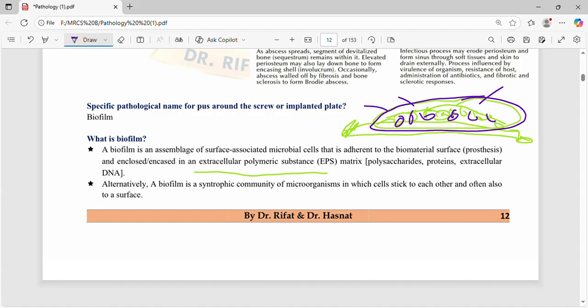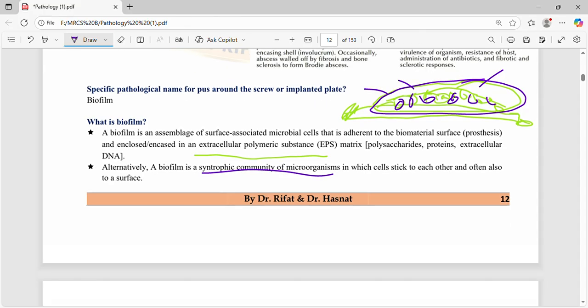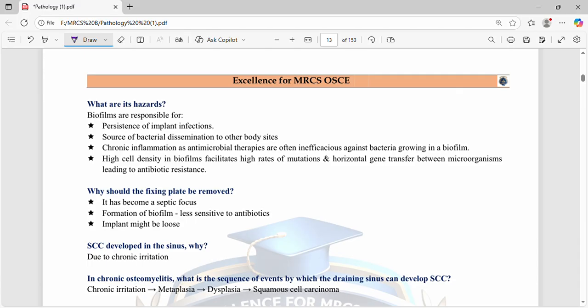Alternatively, biofilm is a community of microorganisms in which cells stick to each other and often also to the surface as well. What are its hazards? Biofilms are responsible for persistence of implant infections. Antibiotics cannot reach or penetrate the biofilm, so the infection cannot be eradicated.